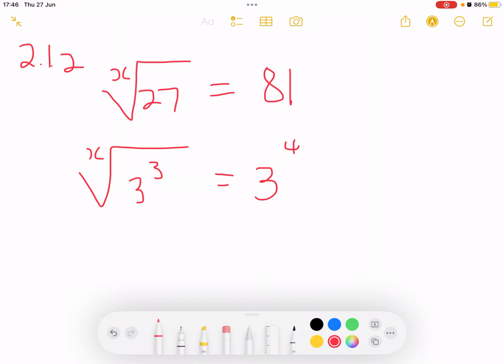Now, rationalization here can happen: it's the exponent on the inside over the exponent on the outside of the root. So therefore this will be 3 to the power of 3 over x is equal to 3 to the power of 4.